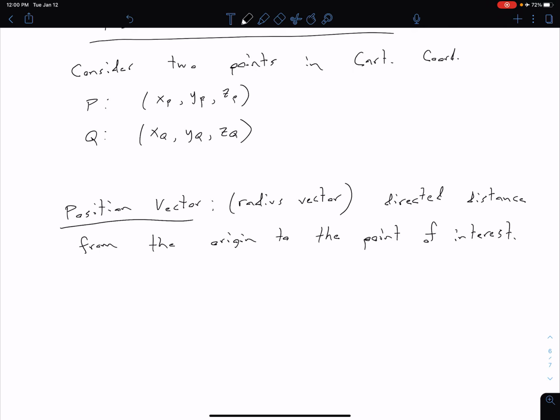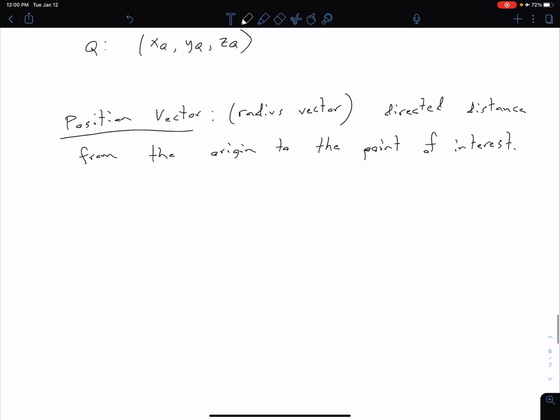Okay, so let's say we're considering point P. If we want to find the position vector for point P, our notation would be lowercase r sub p, and of course this is a vector, so we put an arrow above it.